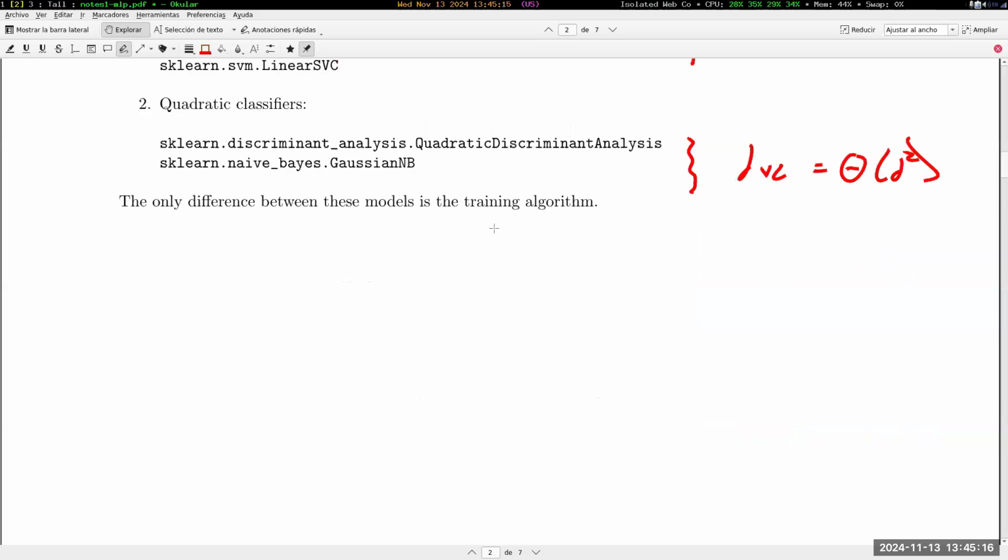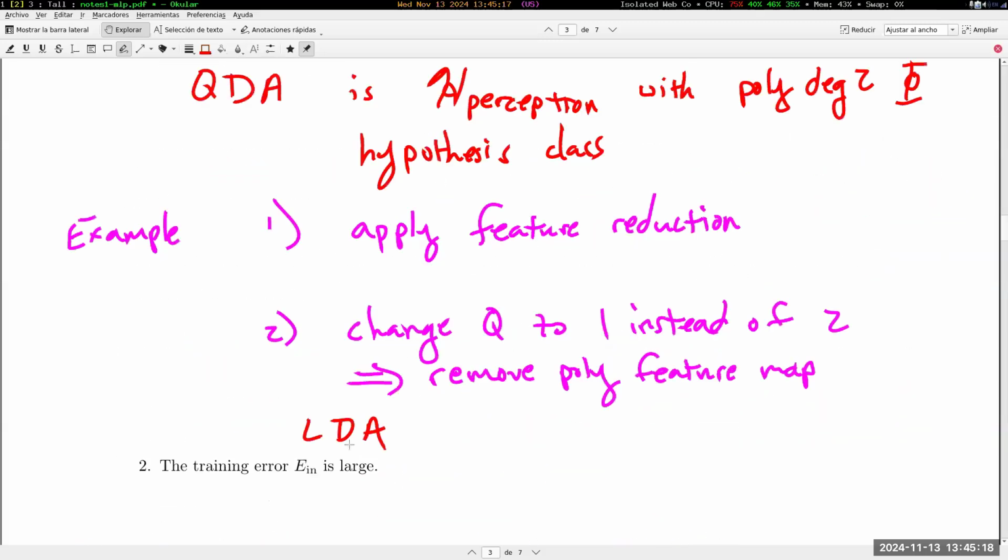You could use that. But probably, almost always better, just to use the standard logistic regression or SVM.